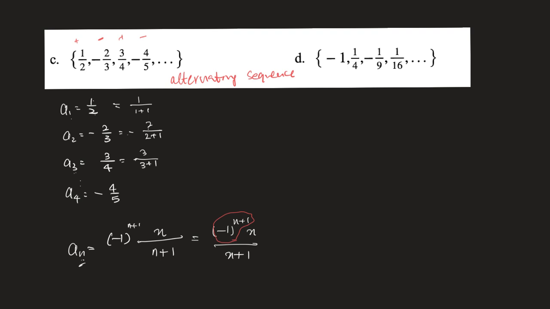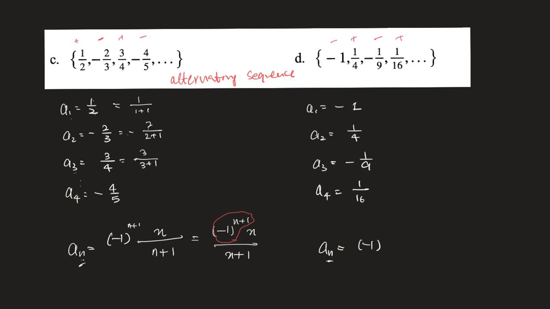Look at this one. The first one goes positive, negative, positive, negative. This one is negative, positive, negative, positive. So in this case, how do you decide the power of negative 1? A1 is negative 1, A2 is 1 over 4, A3 is negative 1 over 9, A4 is 1 over 16. So for An, first decide the part with negative 1. The first one is negative, the second is positive.